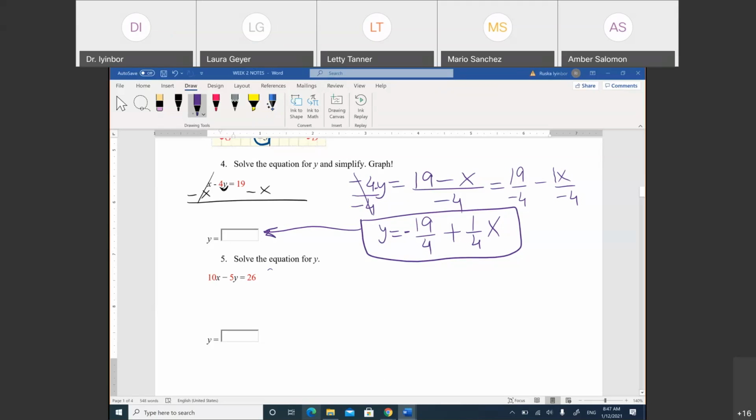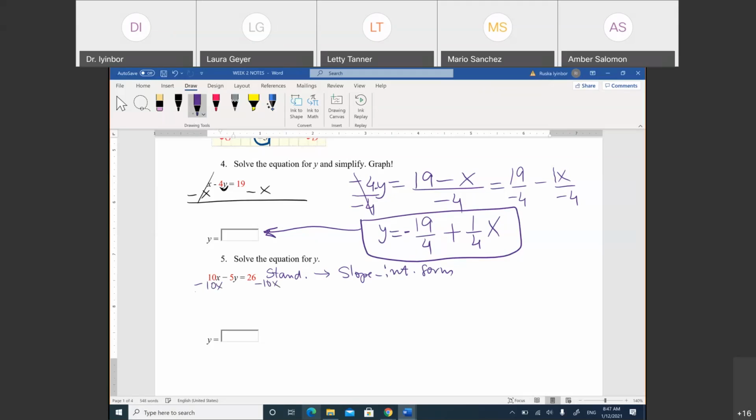This is standard form. And you want to get slope-intercept form of the equation. So from the standard form, first you're going to move the x over. So you're going to subtract 10x on both sides, minus 10x.